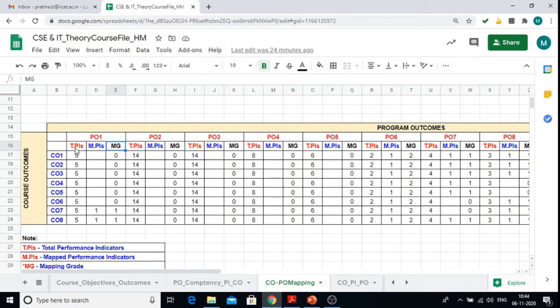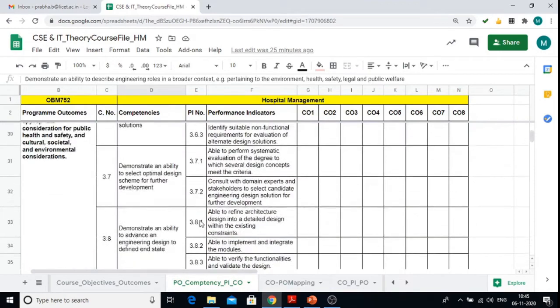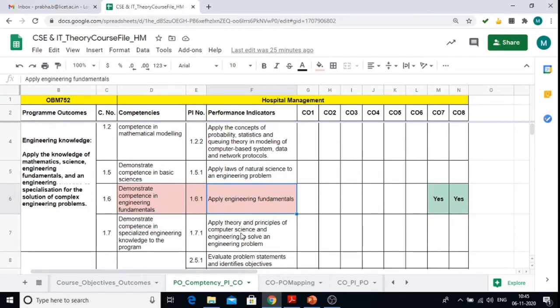What does total PIs mean? It is the total number of performance indicators given by AICTE in the document. For example, here I have given 5, which means you have to go back to the previous sheet and count how many performance indicators there are for PO1: 1, 2, 3, 4, 5.